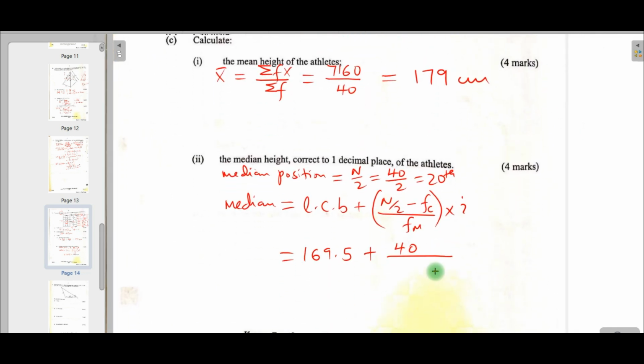So that will be minus 10. Then divide by the frequency of the median class.